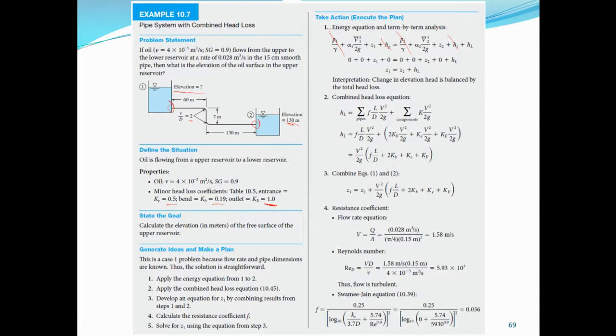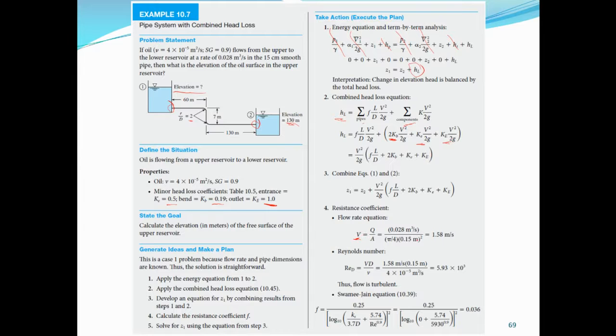And then again we have the velocity to be the same, so we have Z1 equals Z2 plus the head loss, and the head loss is the sum of the pipe head loss and the component head loss. The component head loss, we have 2 bends, that's why we have 2 times KB here. We have the entrance head loss, we have the exit head loss. So we factorize this and substitute all the coefficients.